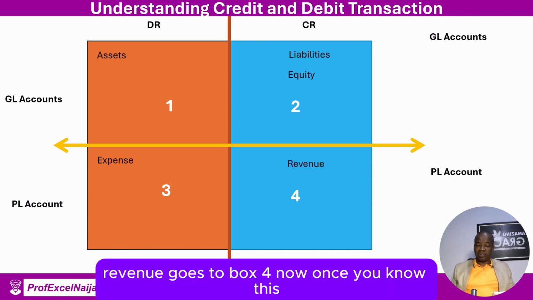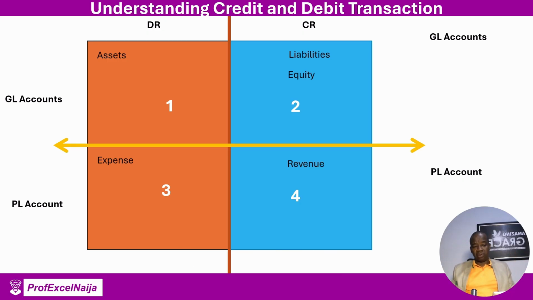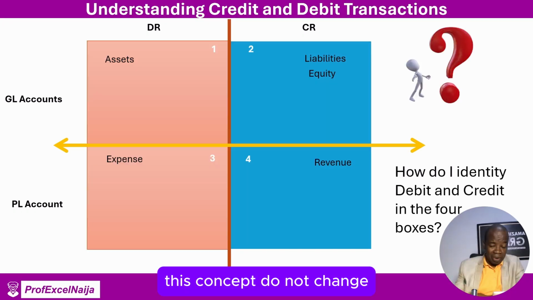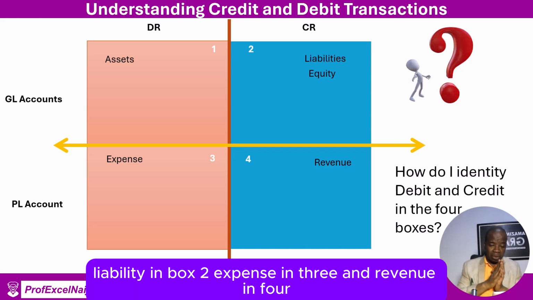Revenue goes to box 4. Now, once you know this, you are 50% done. This concept will not change. Remember, we have placed the asset in box 1, liability in box 2, expense in 3, and revenue in 4.